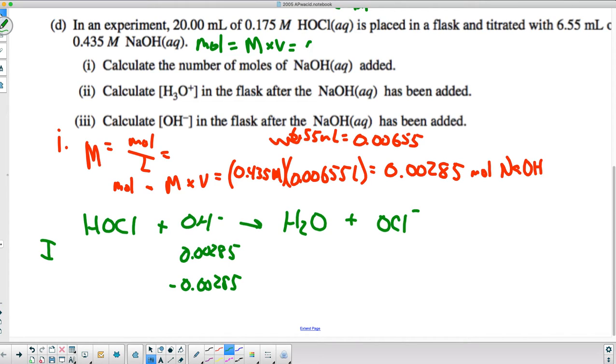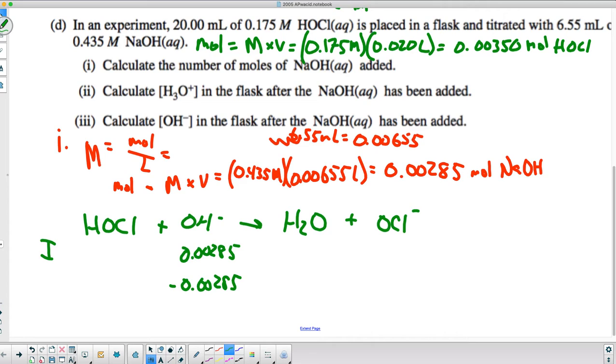So that's 0.175, our molarity, times 0.020 liters. That's what 20 milliliters is, 0.02 liters. Whatever I get there is what's going to go above. This is going to be 0.00350 moles, and that's for our HOCl.